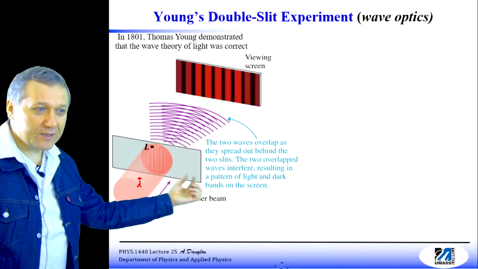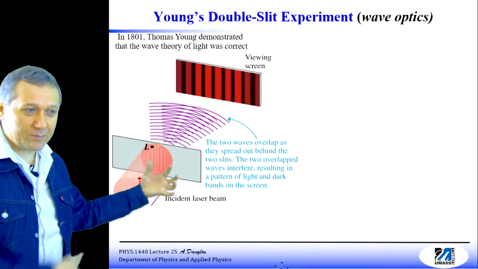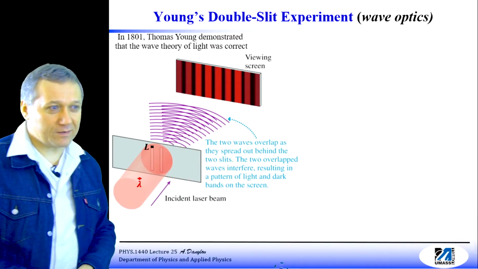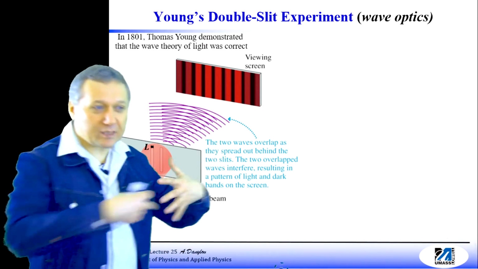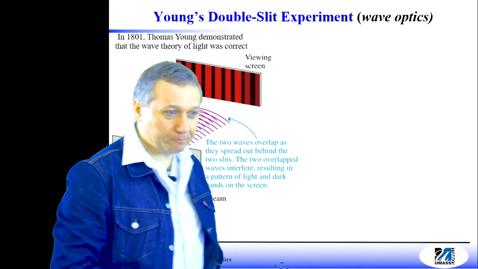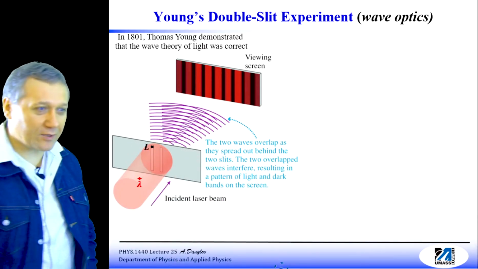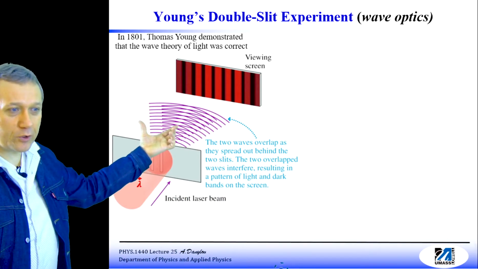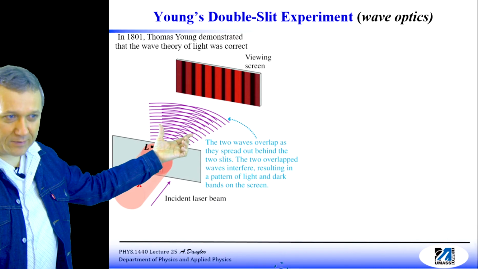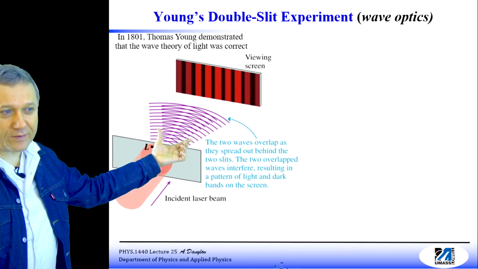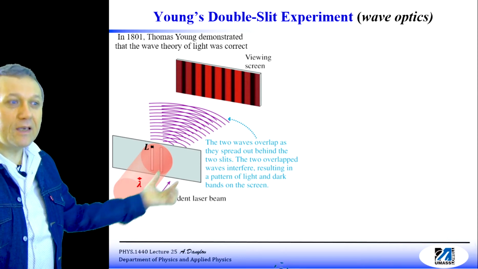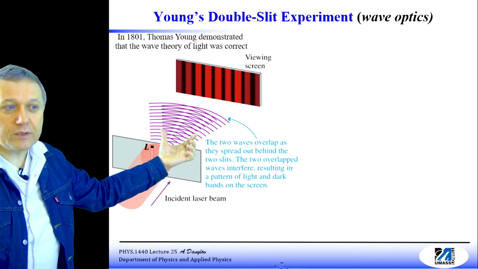And the second slit is going to create the same situation, right? So light spreading behind the screen, right? And of course, they're going to overlap, right? These two waves artificially created by us, by these two slits. And I claim that they're going to interfere.